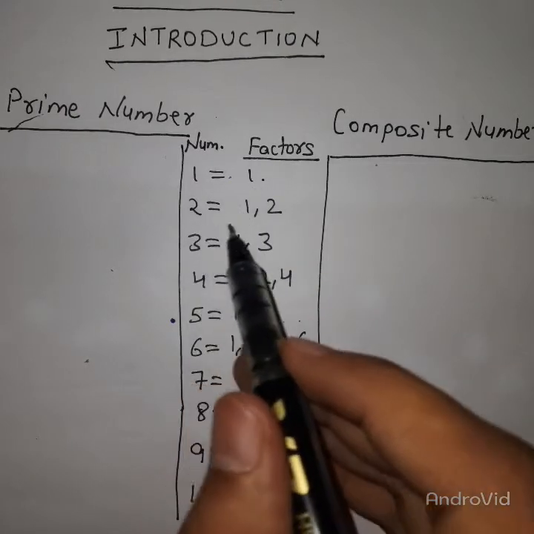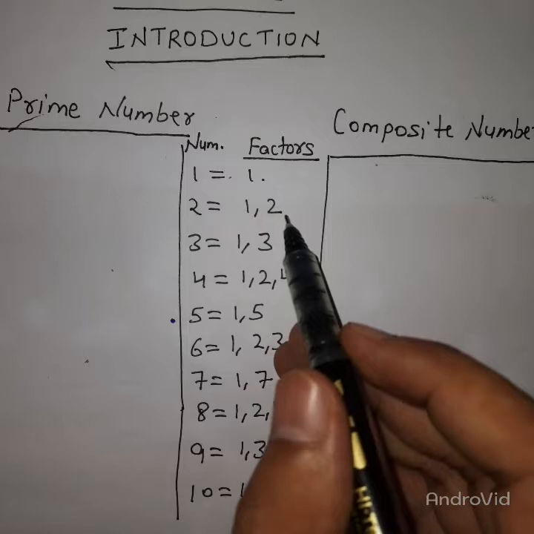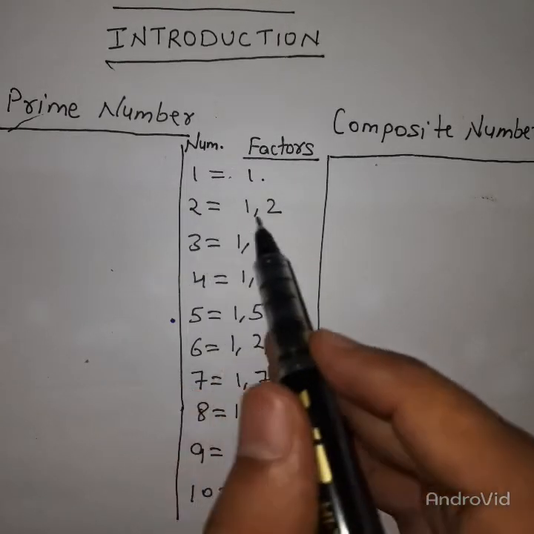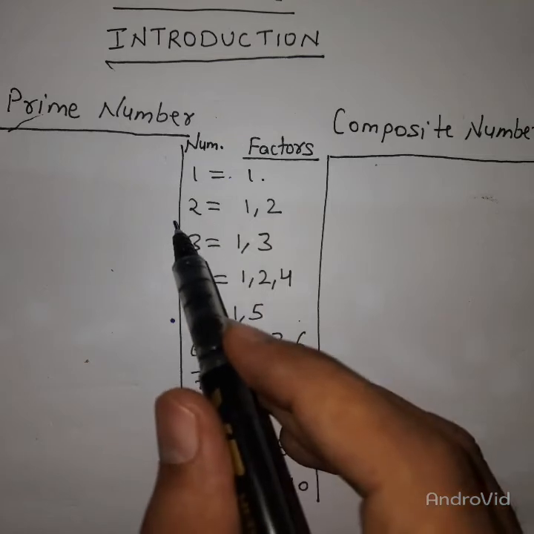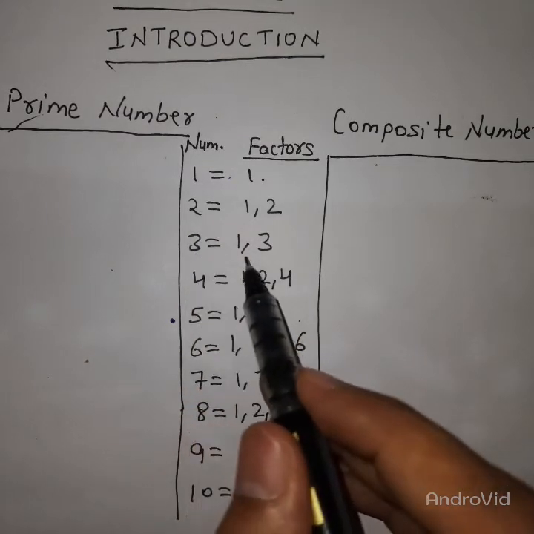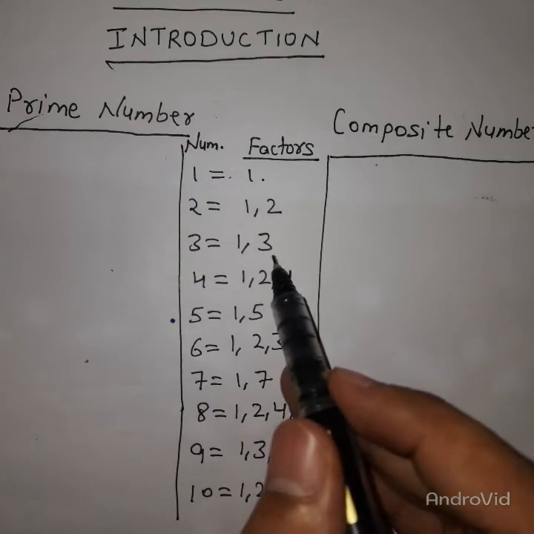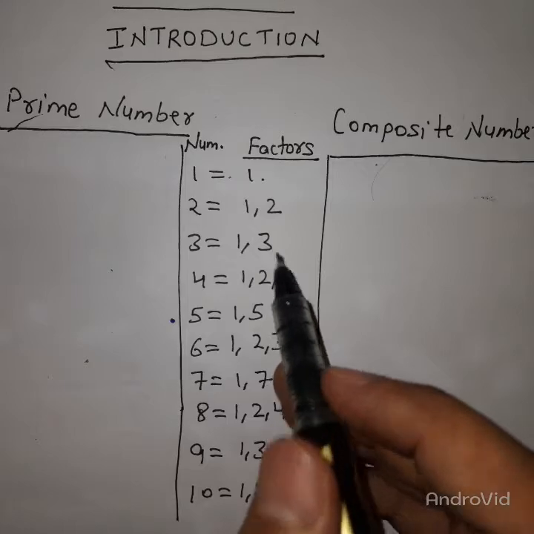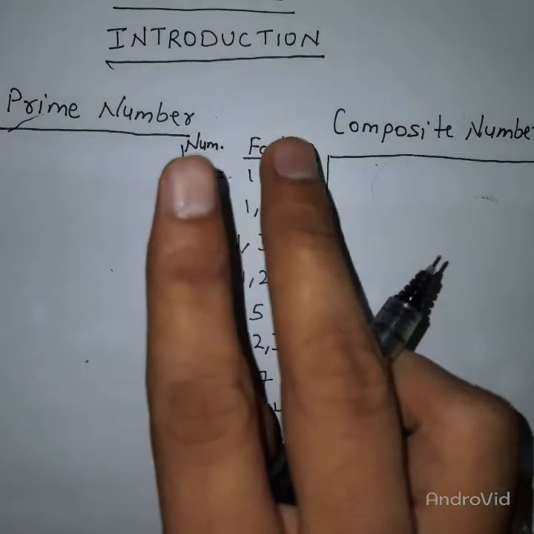For 2, the factors are 1 and 2, because 1 divides 2 and 2 also divides 2. In case of 3, the factors are 1 and 3. All of you know that all the numbers have 2 factors except 1.